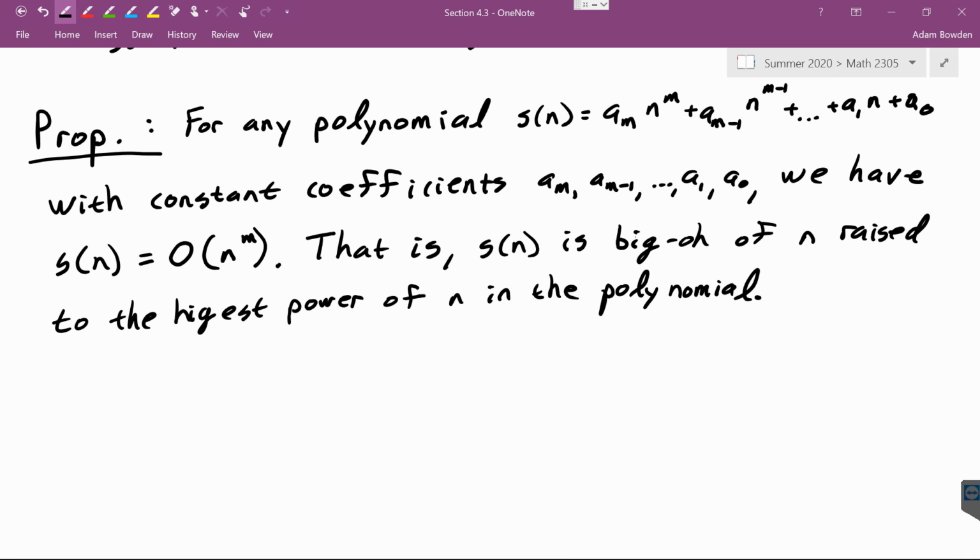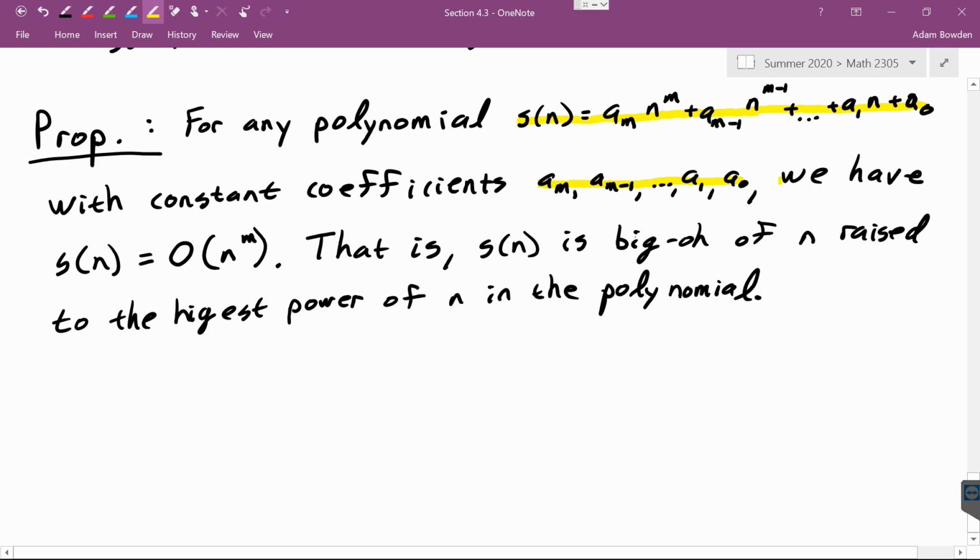So before we go any further, we can actually generalize this big O notation for any polynomial. So if we have a polynomial built up of a m times n to the m power plus a m minus 1 times n to the m minus 1 plus all the way down to a1 times n plus a0, we have these a numbers as coefficients in the polynomial.